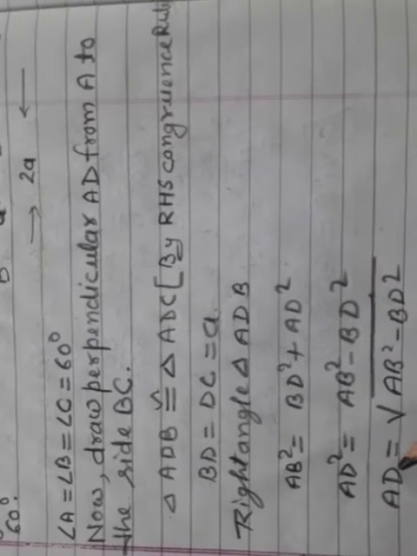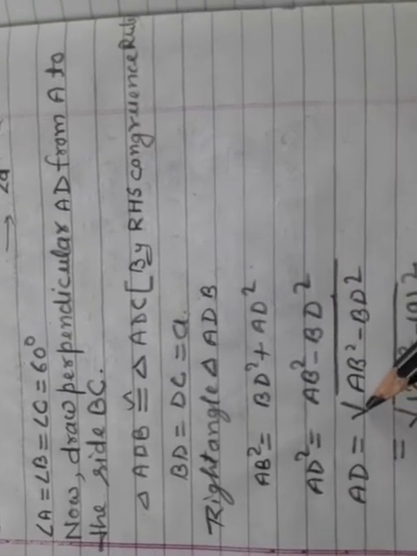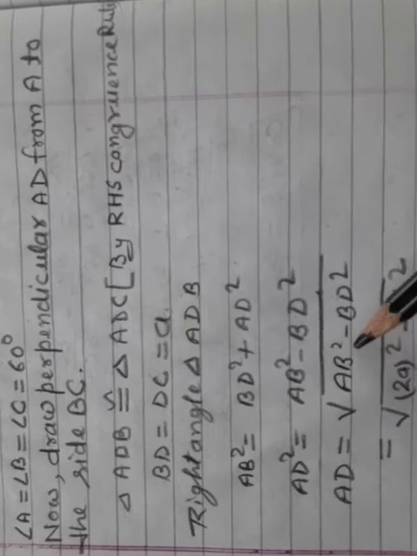So AD is equal to under root AB square minus BD square. Given that AB is 2a and BD is a, we get 4a square minus a square, which is 3a square. So AD is equal to under root 3 a.